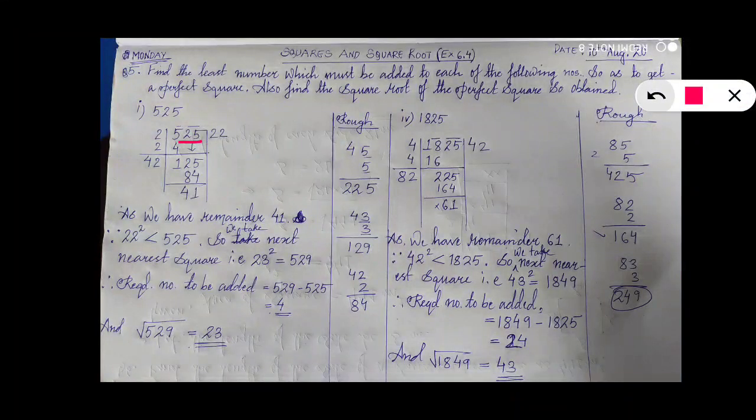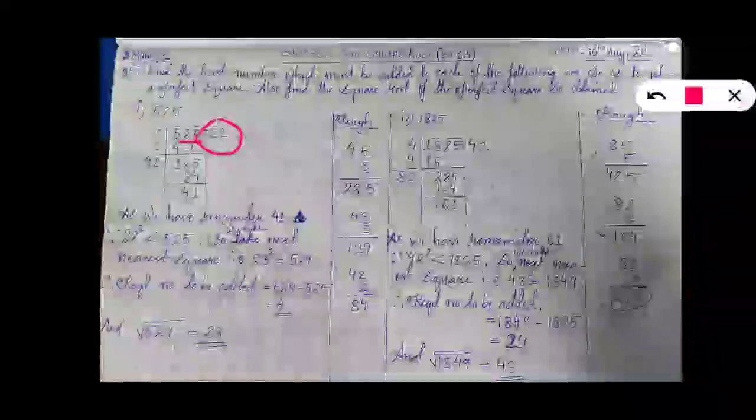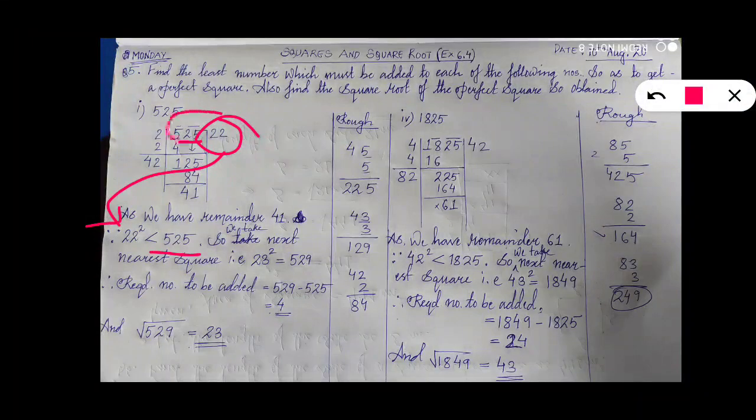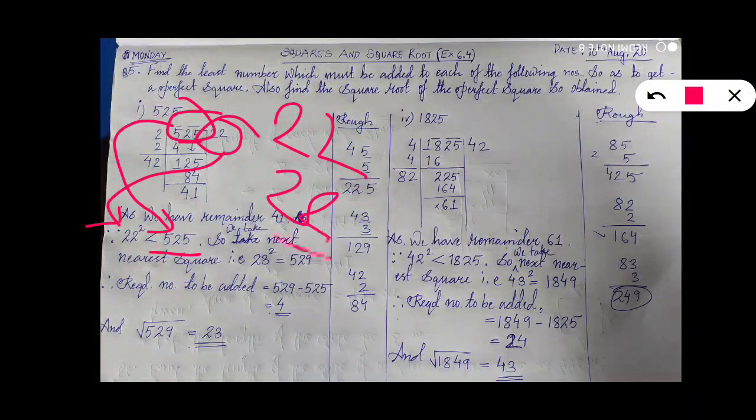41 is the remainder. So you will write, as we have a remainder 41, so this 22 square is less than this 525. Okay, if you do 22 into 22, whatever you'll get will be less than 525, surely.